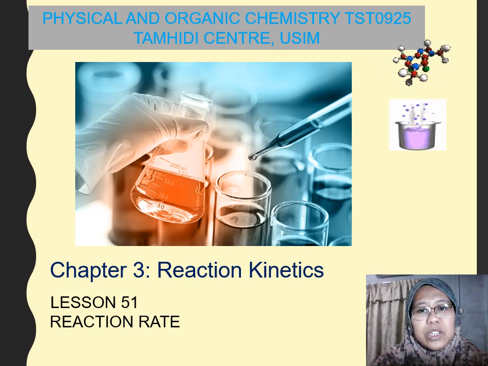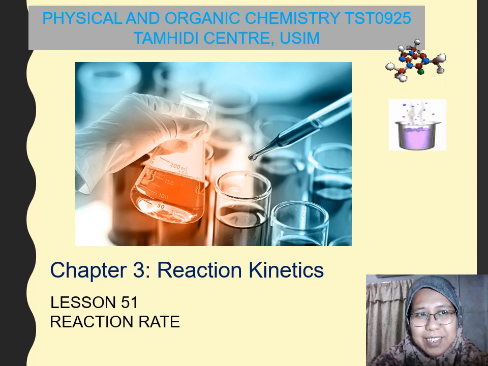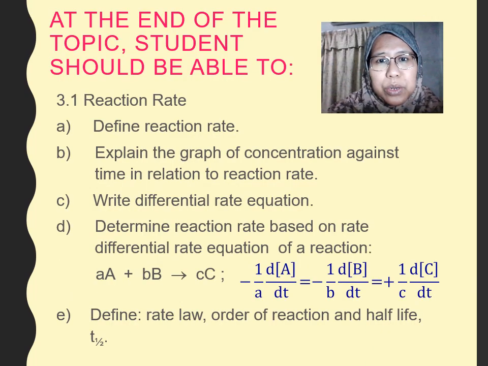Today we are going to start chapter 3, Reaction Kinetics. And as usual, I'm your Madam Ruby, logging in for lesson 51, Reaction Rate. We are going to define reaction rate and explain the graph of concentration against time in relation to reaction rate.